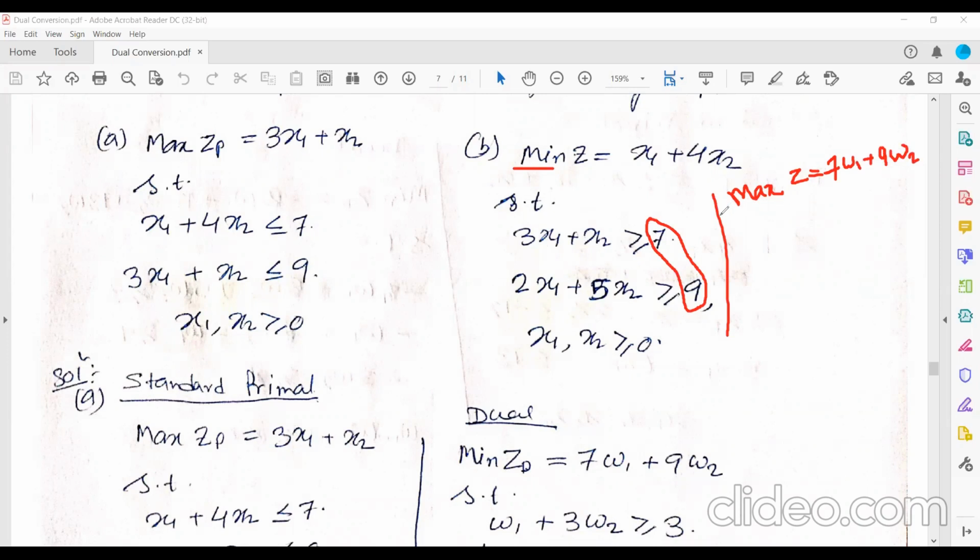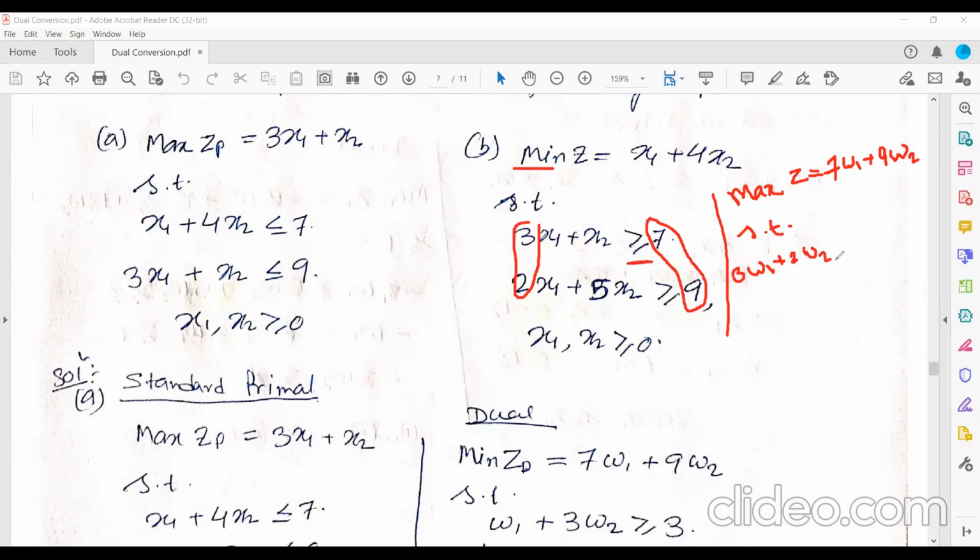Then the constraint will be this one, a column of coefficients. That means 3W1 plus 2W2.